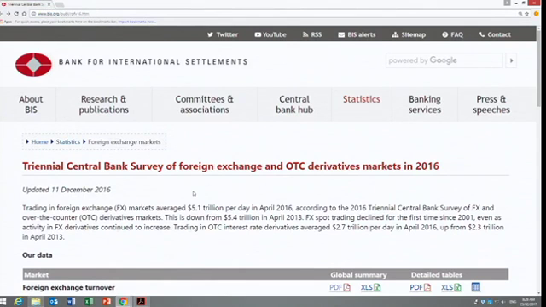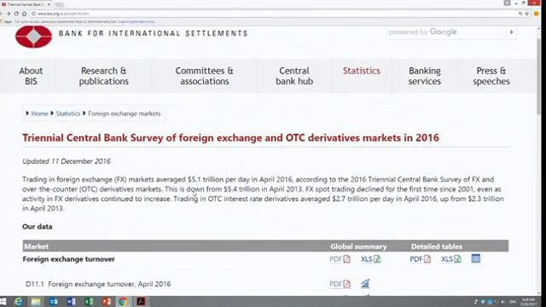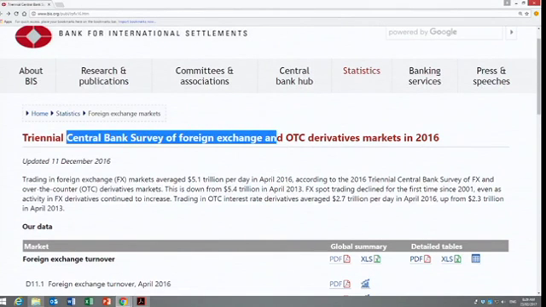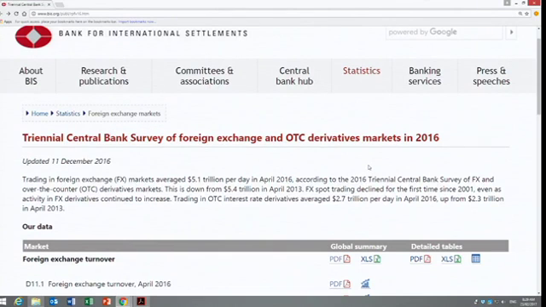If you do a quick Google search, you should be able to find this. Their website is www.bis.org. They publish this central bank survey of foreign exchange and OTC derivatives markets every 3 years. And I believe the latest report that we have is 2016.